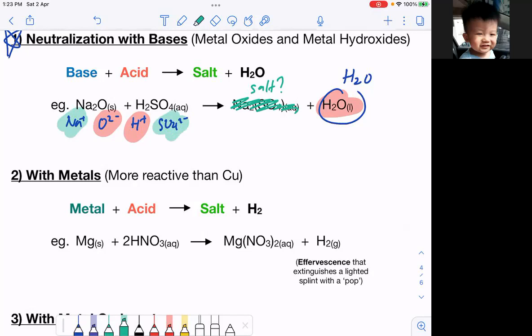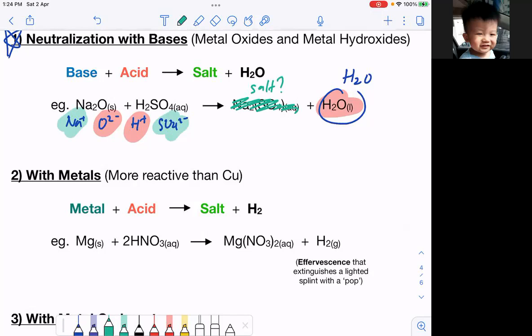Then you can do working or you can use your brain, use mental sum. How do I crisscross Na plus and SO4 2 minus? Can I write Na plus and SO4 2 minus, or can I write SO4 2 minus and Na plus? Is there a rule? All ionic compounds must start with cation or anion? You hear sodium chloride, not chloride sodium.